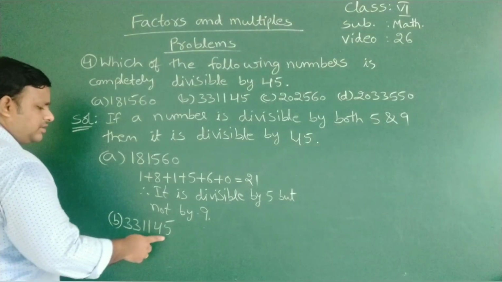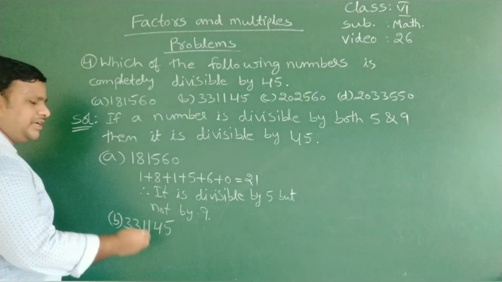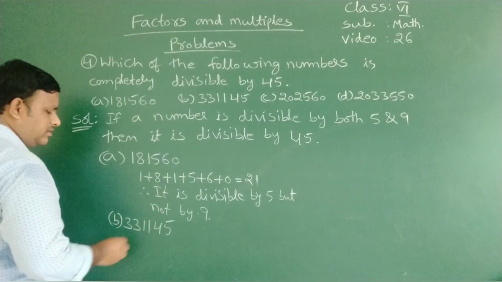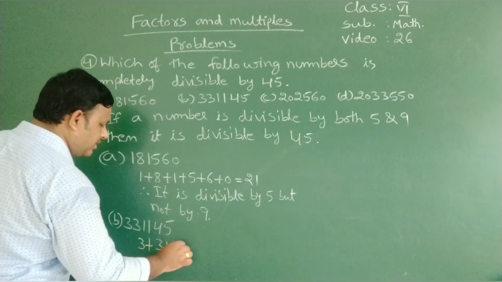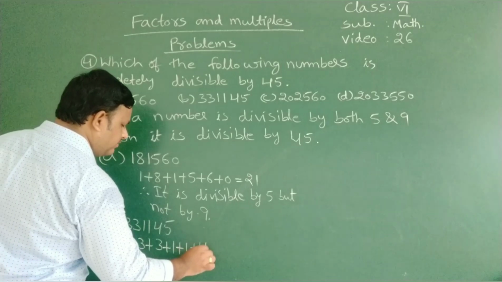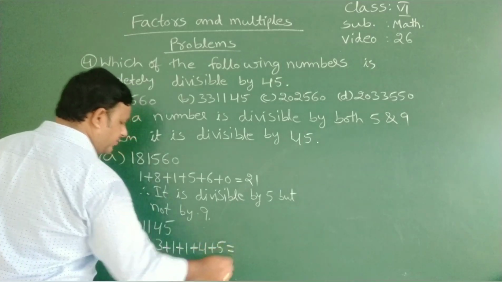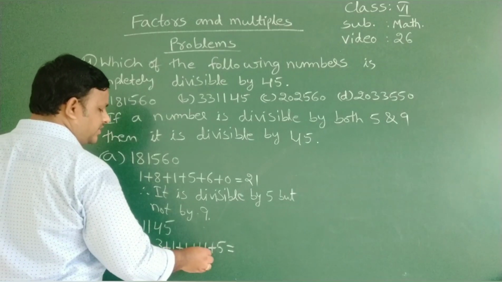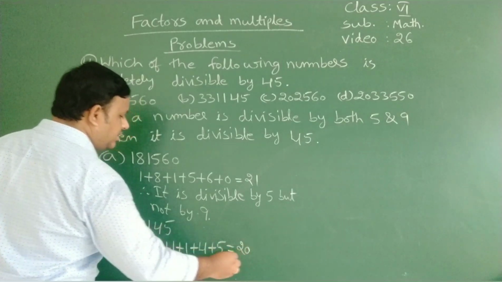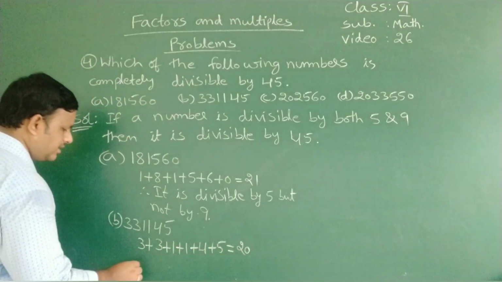Now let us see the second option, that is 331145. So in this the units place is 5. So it is divisible by 5. Let us check for 9. 3 plus 3 plus 1 plus 1 plus 4 plus 5. Okay, 3 plus 3 is 6, 7, 8, 12, 17.